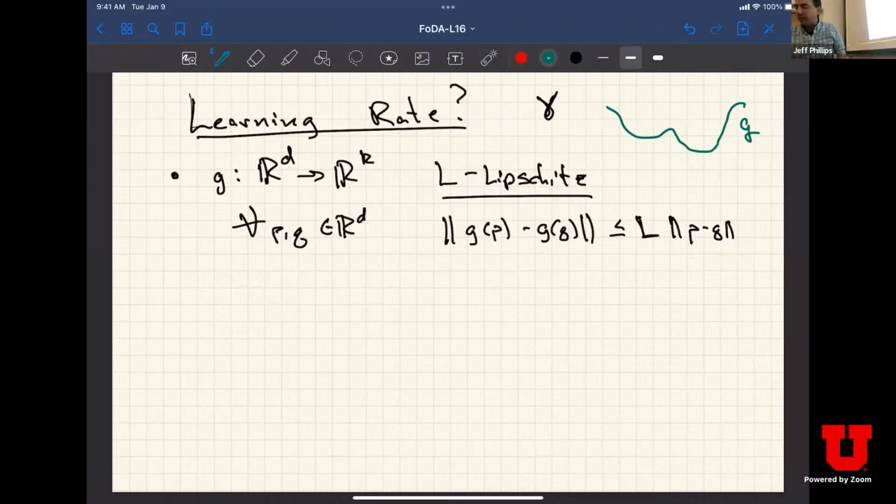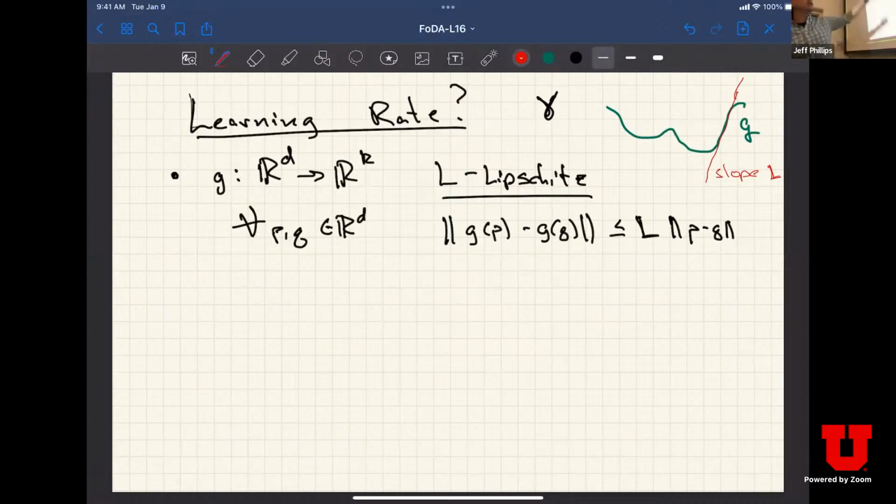So the maximum slope might be occurring here. If this has a slope of L, then that tells me how quickly it's changing. So if something always has a bounded slope, it's not changing too quickly, then it's L-Lipschitz. This is kind of a nicer function.